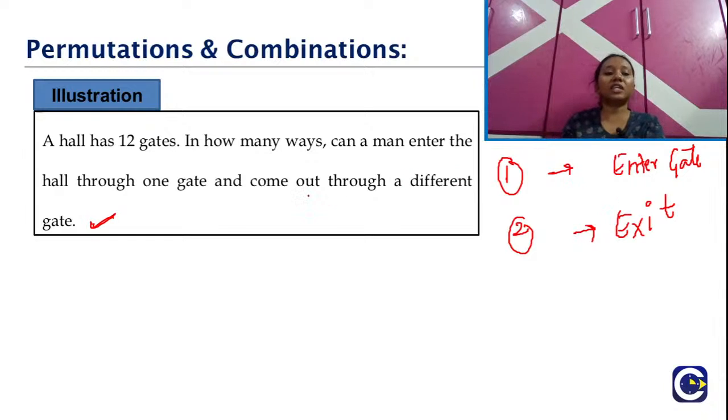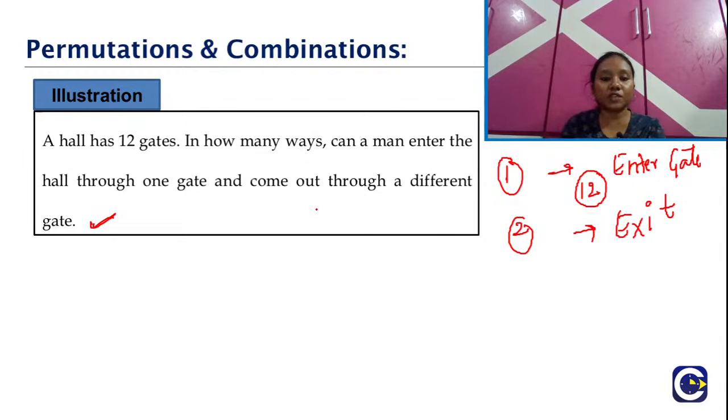So how many total gates do we have for entry? That means for case 1, how many possible outcomes? A hall has 12 gates, which means total entry gates are 12, so we will have m possible outcomes for our first experiment. Similarly, let's check the second experiment: how many gates will be there for exit?